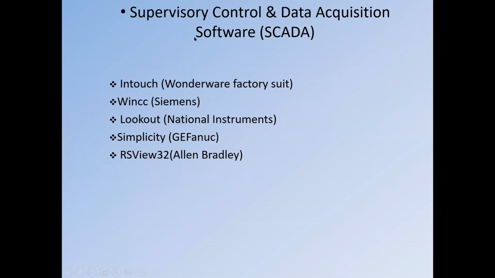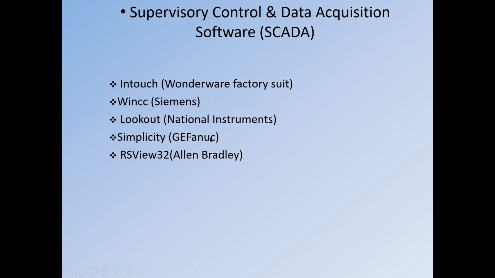Supervisory control. These are some companies that manufacture SCADA, like InTouch, Wonderware, which we are going to demonstrate in a few moments. Then Siemens produces WinCC SCADA. Then National Instruments, NI LabVIEW, produces the SCADA called Lookout.